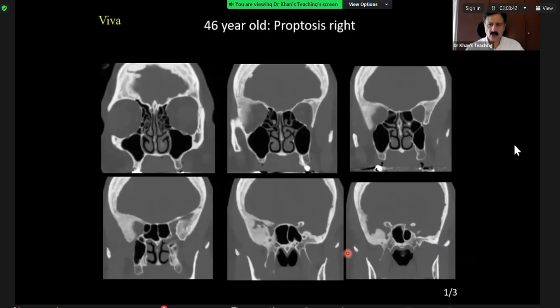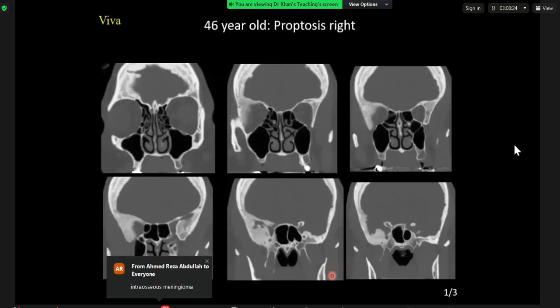There is hyperostosis in the right orbital region, along the lateral wall of the right orbital region, along with some thickening as well along the wing of sphenoid.